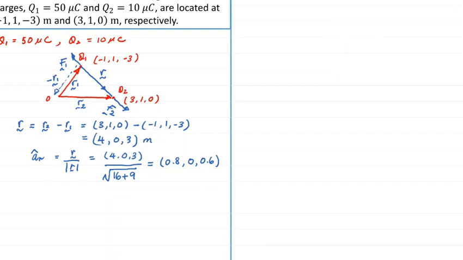So now we can work out our force F2, which is equal to minus F1. So our F2 is Q1 Q2 over 4 pi epsilon naught, the magnitude of r squared, times our unit vector r.